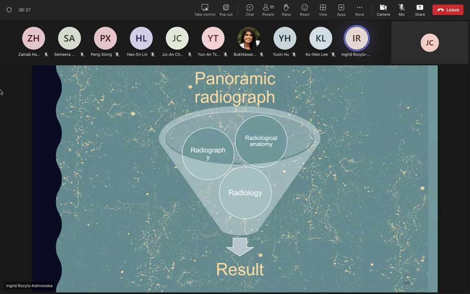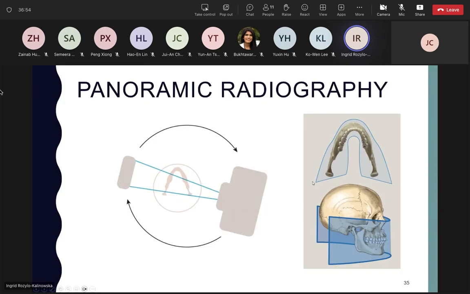And finally next year you will be learning about radiology, so what's abnormal in these radiographs. And only learning these three parts, so you will be able to diagnose what's visible in panoramic radiograph.